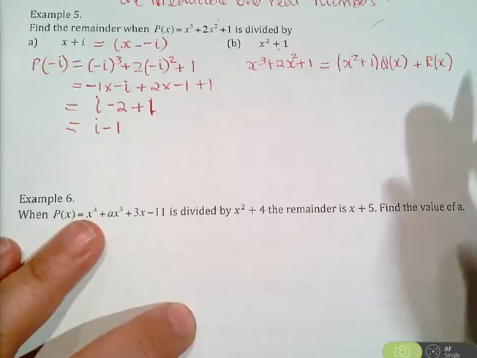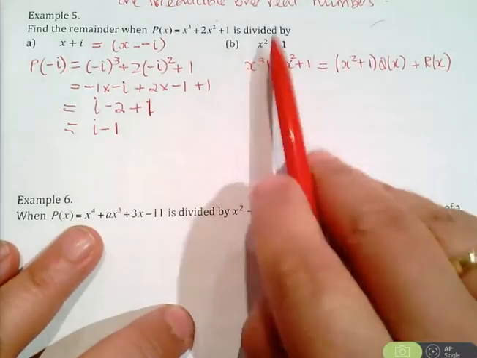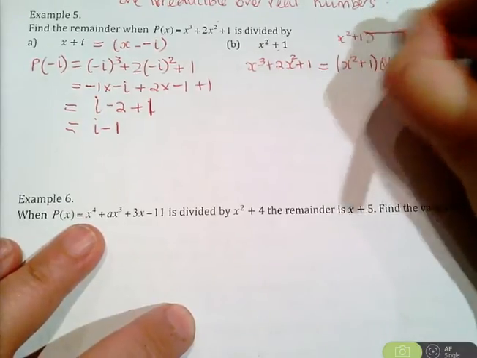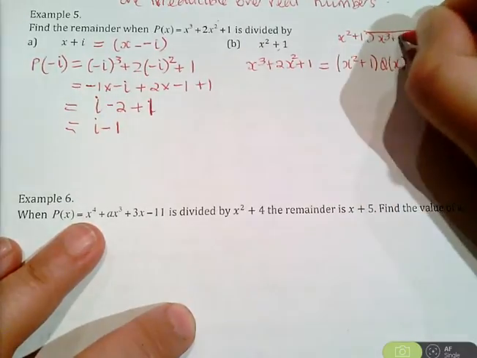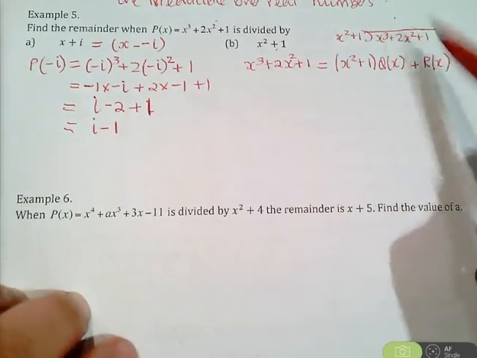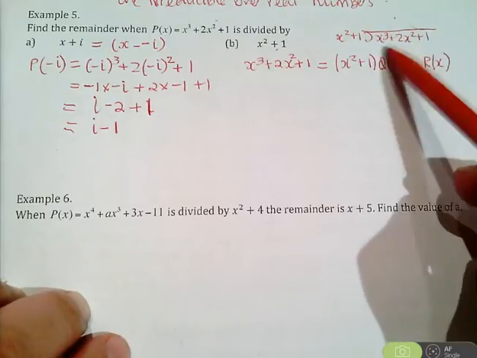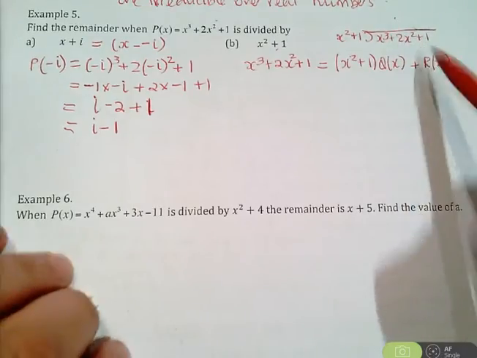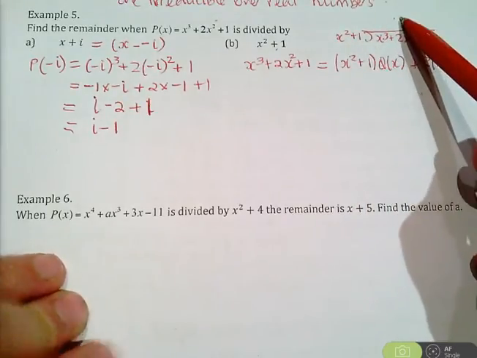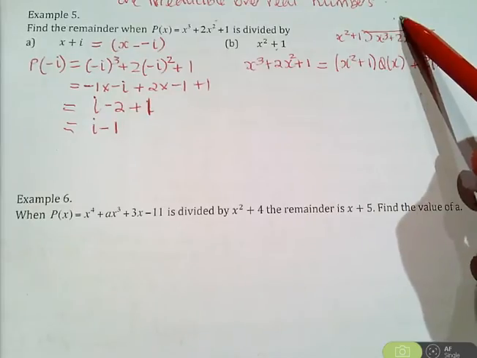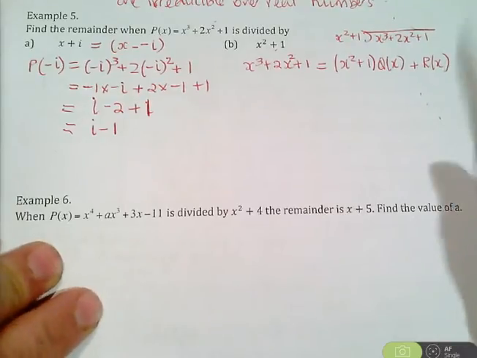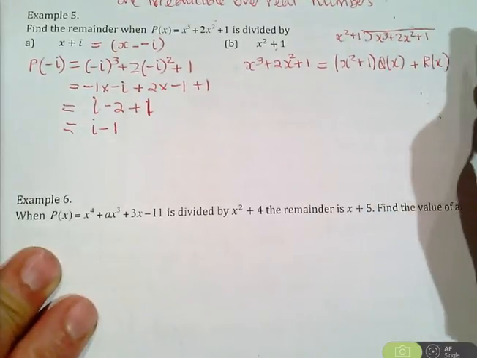This is the division transformation: if you divide x squared plus 1 into your polynomial x cubed plus 2x squared plus 1, you'll get your quotient up here, but then you'll get a remainder down here if you did the long division. So your polynomial is x squared plus 1 times q of x, the quotient, plus the remainder.